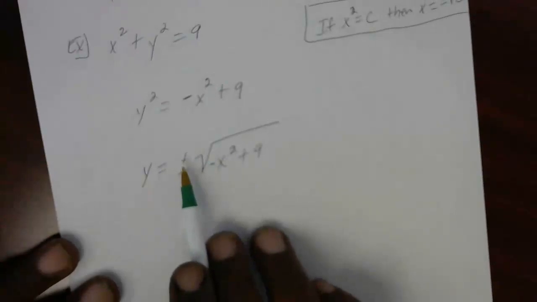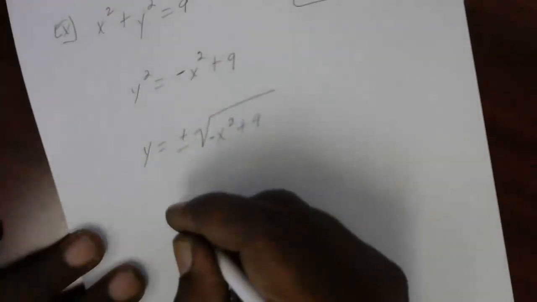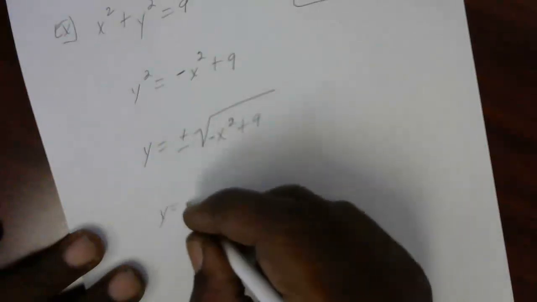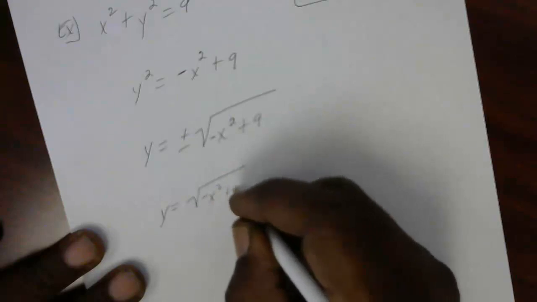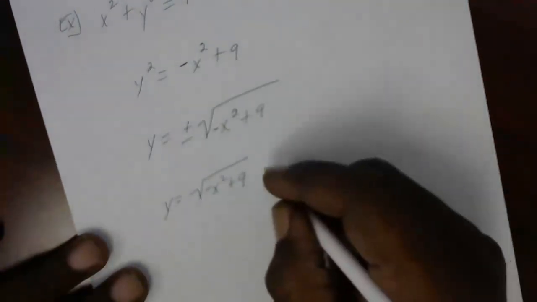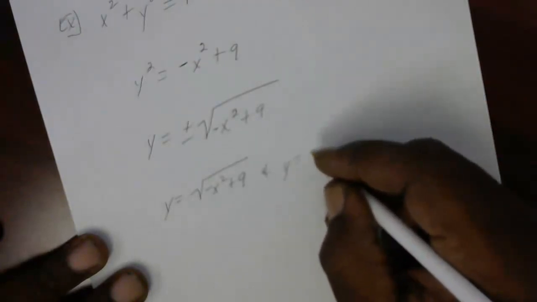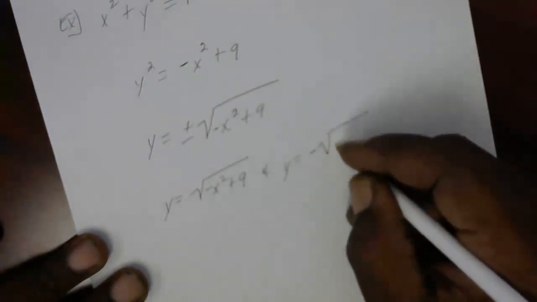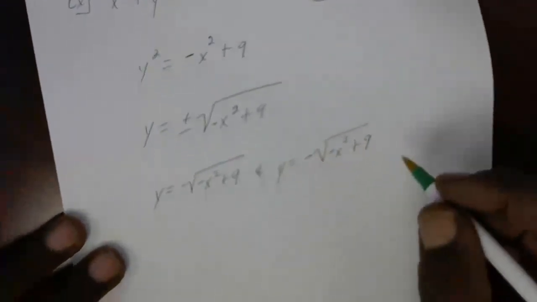This plus or minus breaks this into two equations. So I have y is equal to the square root of negative x squared plus 9, and I also have y is equal to negative square root of negative x squared plus 9.